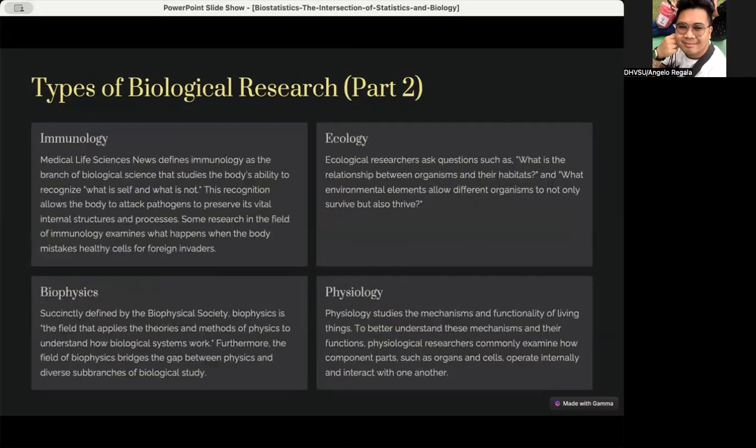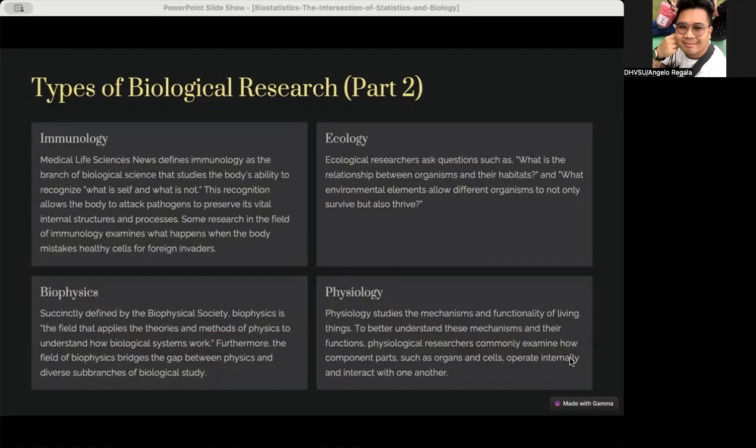Next one is immunology. In medical life sciences, we define immunology as a branch of biological science that deals with the ability of our body to recognize what is self and what is not, what is part of your body and what is a foreign object in your body.